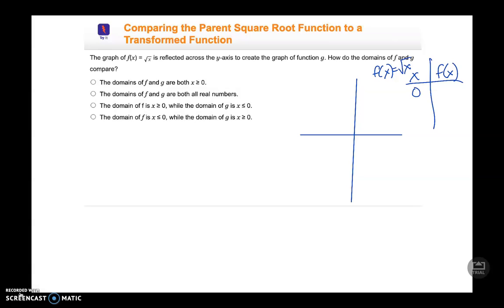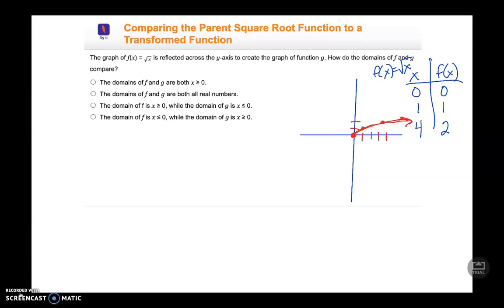If x equals 0, f of x equals 0. If x equals 1, f of x equals 1. If x equals 4, f of x equals 2, because that's the square root. Now if I go to graph these points, 0, 0, 1, 1, 4, 2, and that is roughly the square root function.